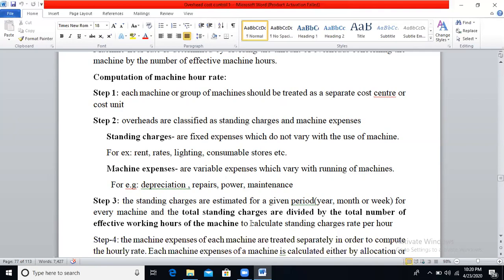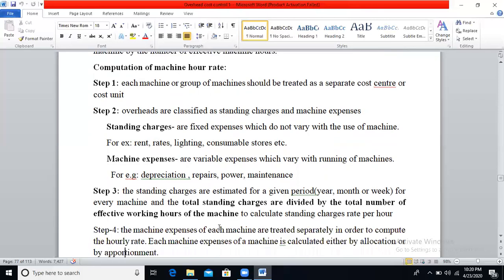So first you need to divide the expenses into standing charges and variable expenses. Then take the total value of standing charges and calculate the standing charges rate per hour. How to calculate it? Take the total standing charges divided by the effective number of working hours of the machine.